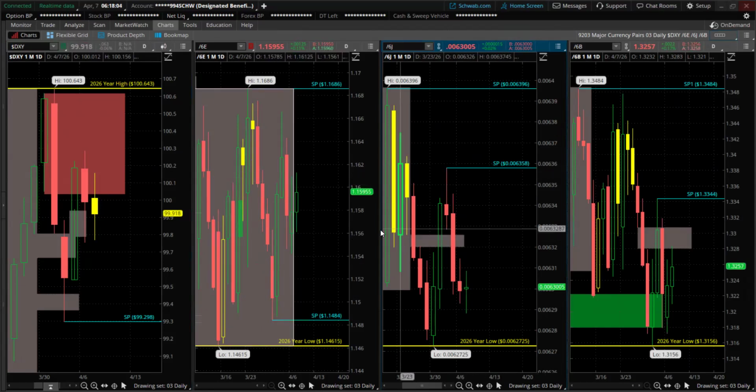Some are swing trades, some are day trades. But right off the bat, understand the two stronger currencies here against the US dollar are the euro and the British pound, both European currencies. The weaker pair is the Japanese yen.